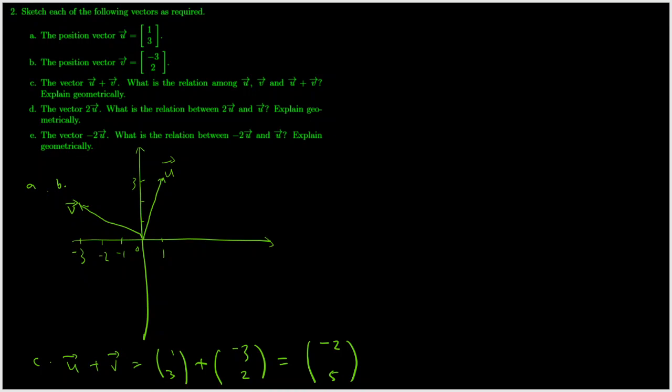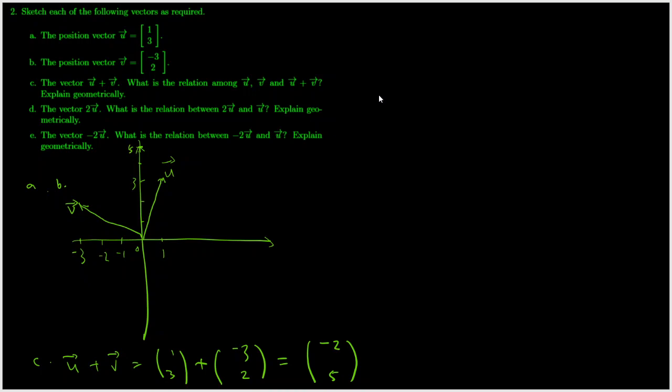Okay, now what we want to do is to sketch the vector with two components, -2 and 5. -2 is here. I need the point representing 5 on the vertical axis. Okay, so now let's say 5 is here: 3, 4, 5.